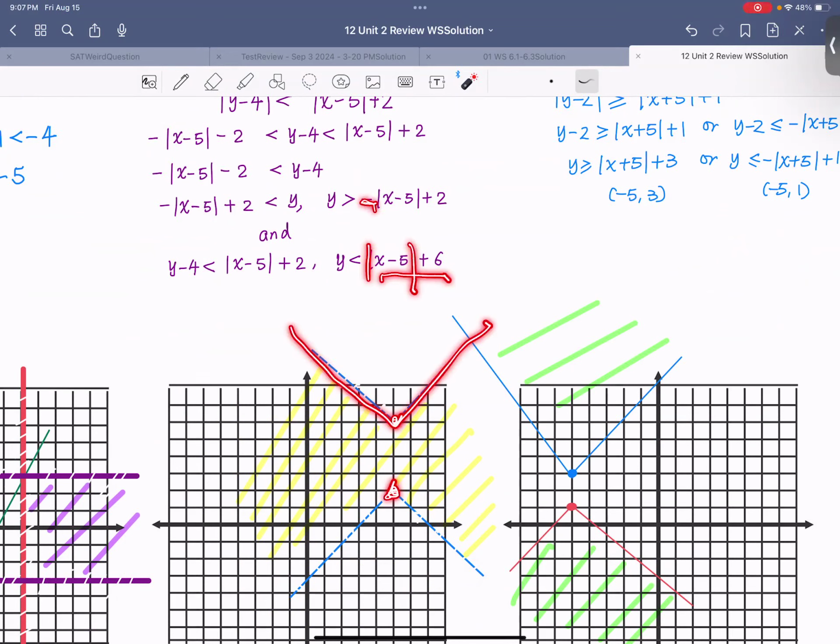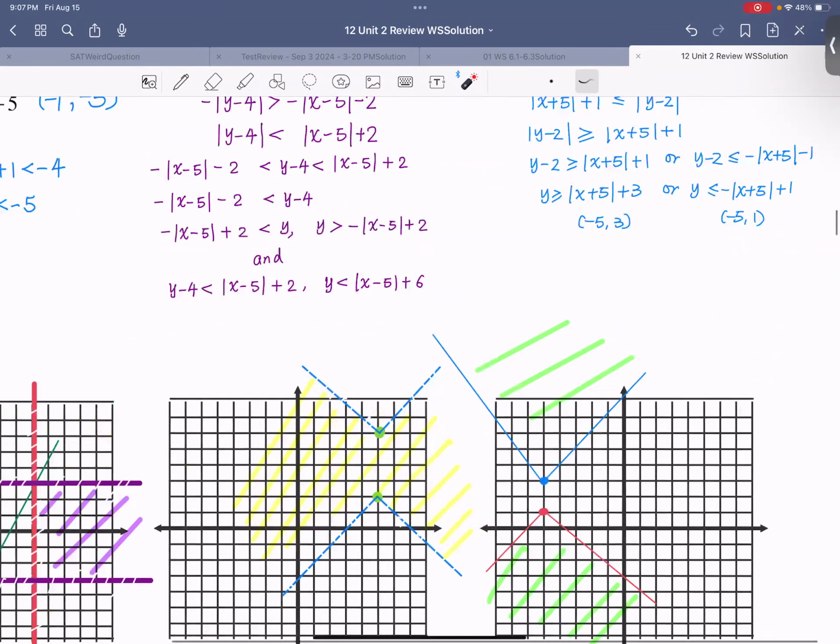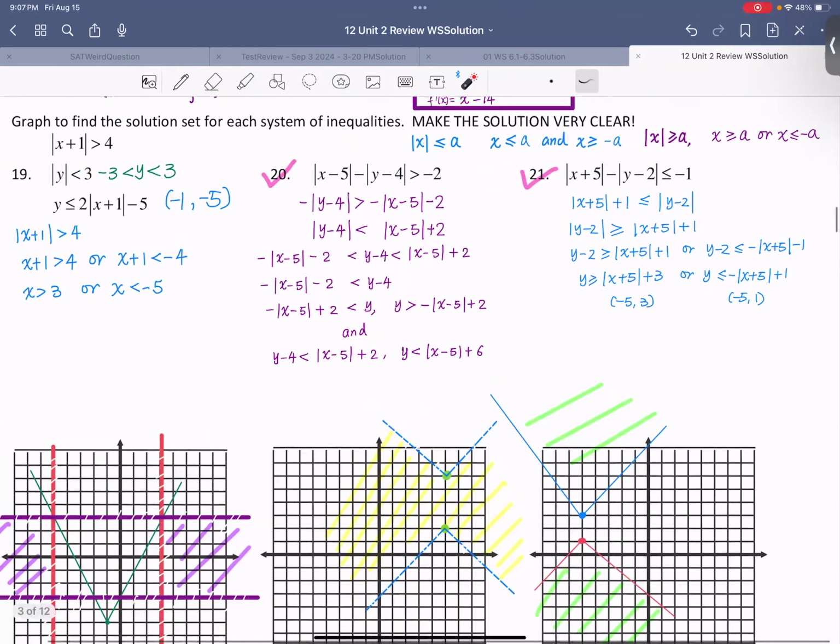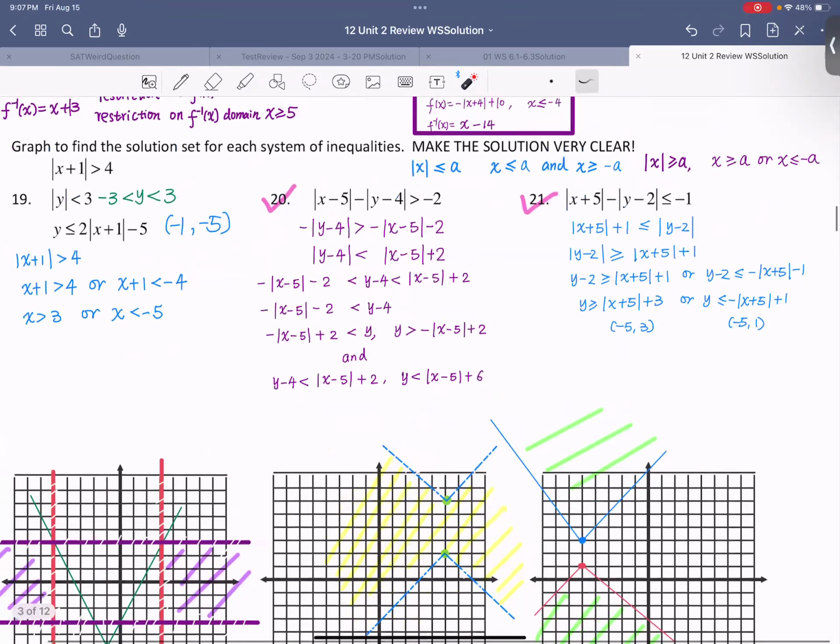This is negative, means your absolute value is going down. Correct? This is the end. You are below this one. You are above this one. And there's no equal, so you put it as dash and you shade between. Got it?